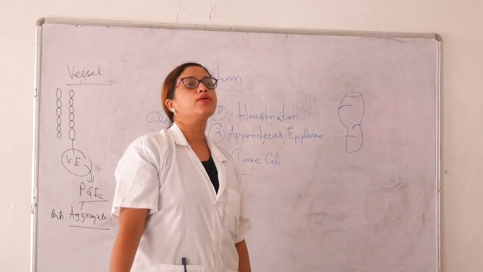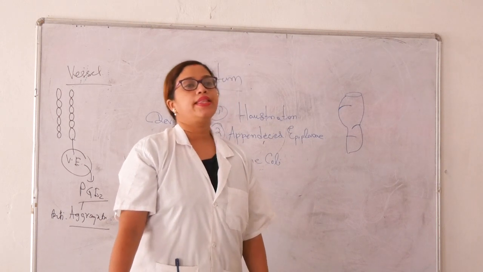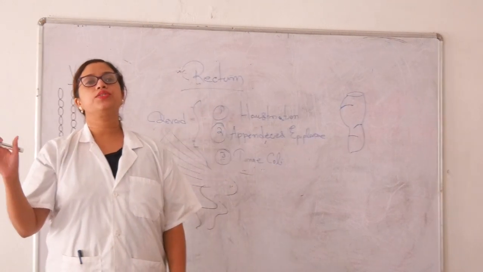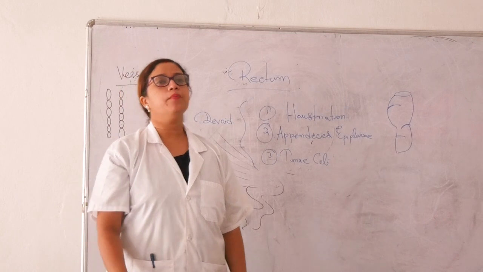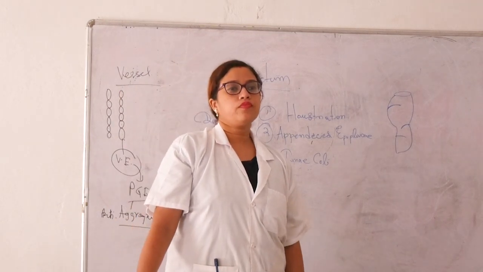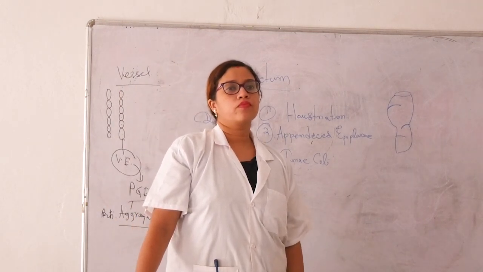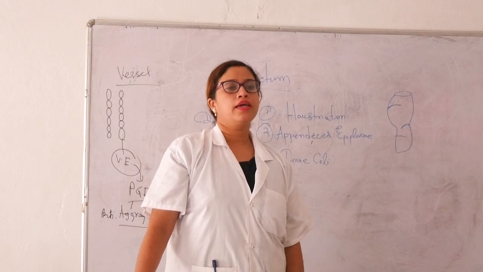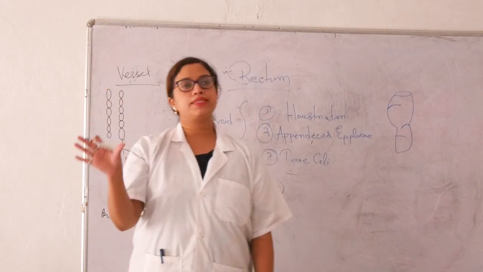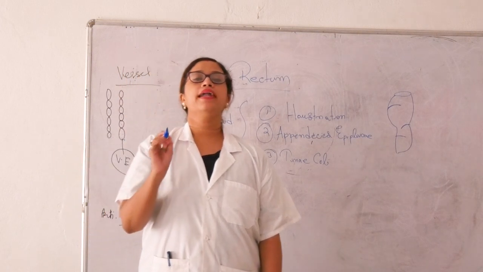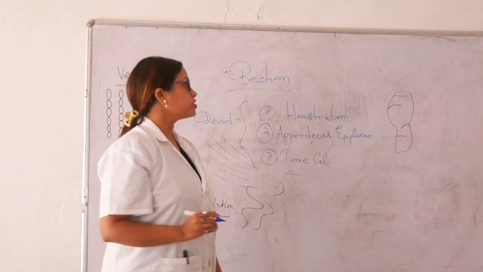Write it down. There are a total of 4 curvatures present inside the rectum. Among them, in the midline there is one constant curvature.